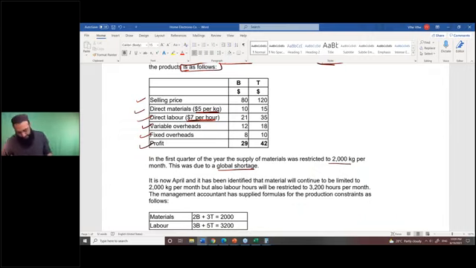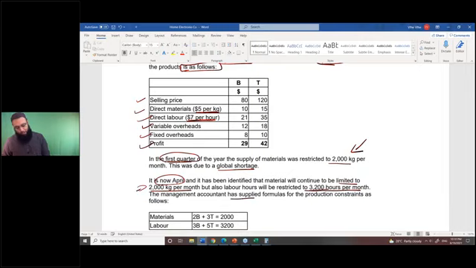It is now April and it has been identified that material will continue to be limited to 2000 kg per month, but also labor hours will be restricted to 3200 per month. So the first quarter, only material was the limiting factor. But now in April, this remains same, but also there is a restriction on labor as well.